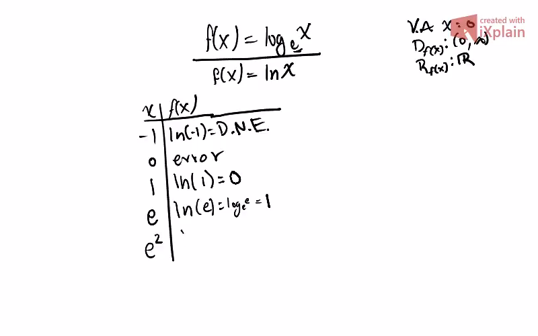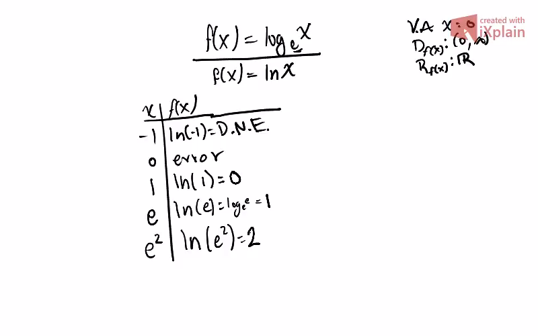And then the natural log of e squared is equal to, well, log base e of e squared, as fancy as it is, gives you, what power of e will give you e squared? So obviously, if you want to take e and square it, you're going to get 2. Okay? And so it is kind of fascinating.